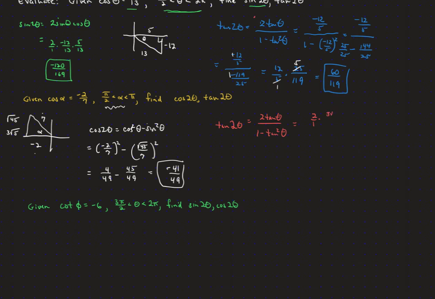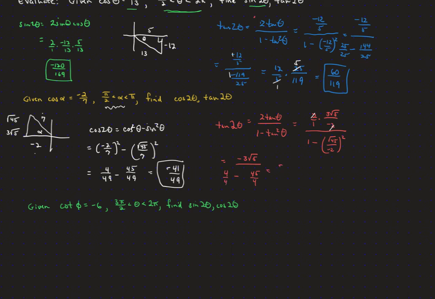So I'm going to call that 3 square root of 5 over negative 2, all over 1 minus, since I'm going to square that, I'm going to go back to calling it square root of 45 over negative 2, squared. So I guess we can cancel these 2's. So that's going to be a negative 3 square root of 5 on top. And we're going to get 1 minus 45/4 for the tangent squared. The 1 we're going to make into 4/4.